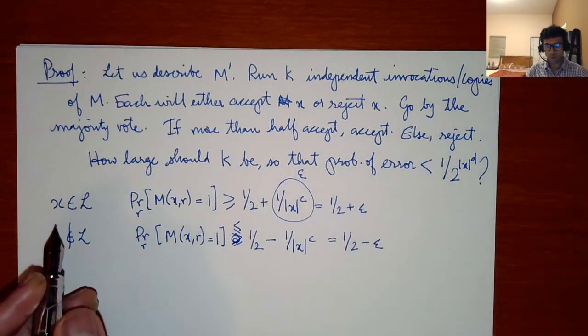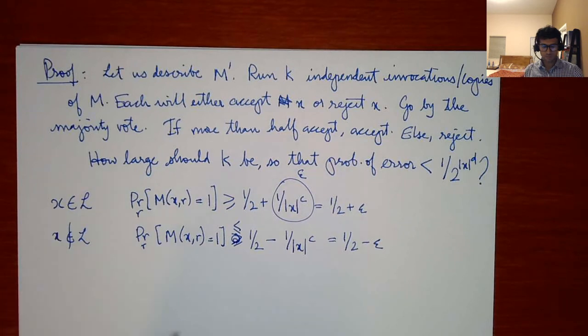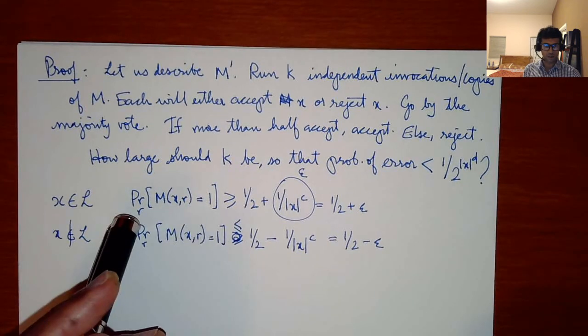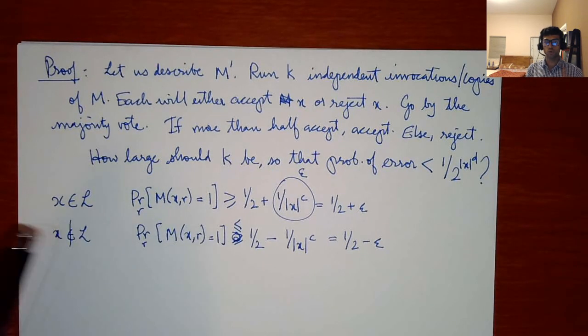So what I want to think about is each running of M for a choice of r. You choose r at random, you run M, and either it gives you 1 or 0. So think of this as a coin.